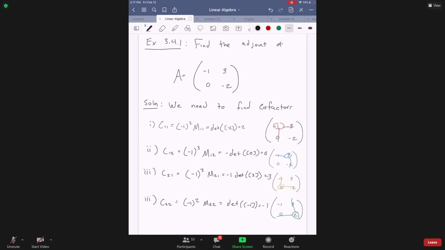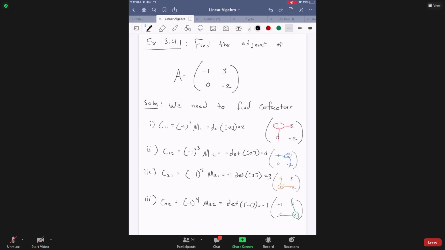Yeah, -3. Why is it to the power of 2? Which one? Oh yeah, sorry, it's to the power of 4. But it's still the same thing. It's just going to be -1.